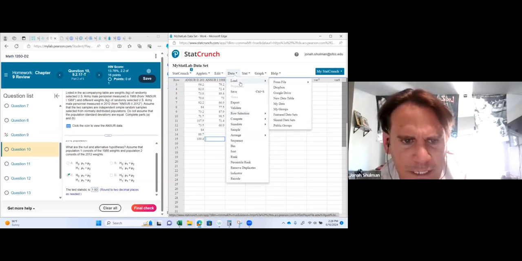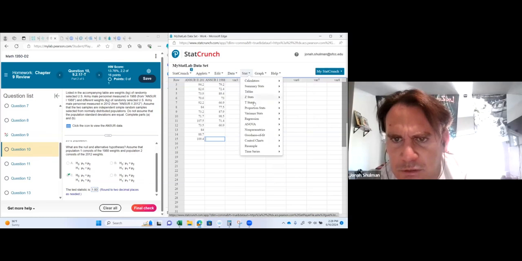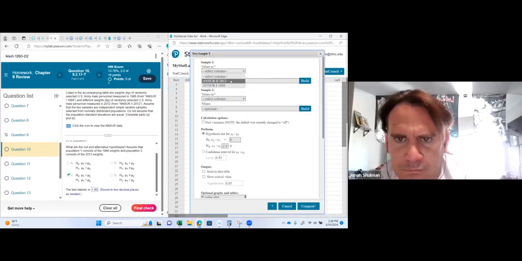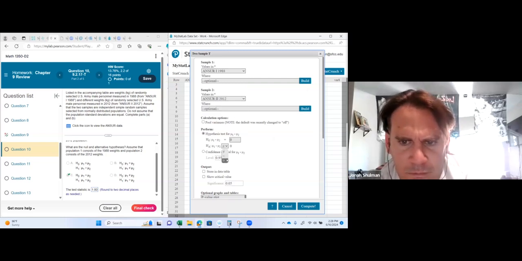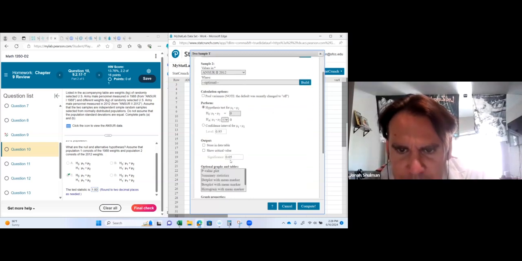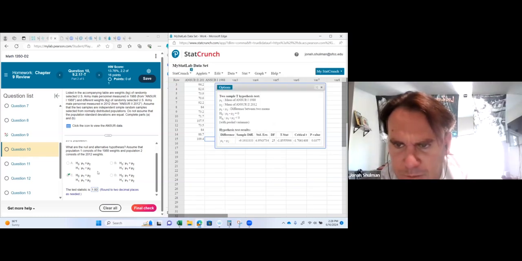They want the 1988 first for some reason. It's less than that. One is less than two. It's got to be less than zero. All right, so my critical T is negative 1.7.